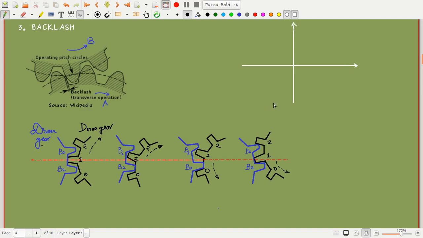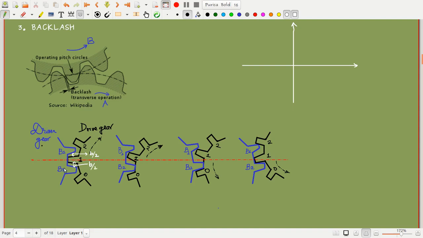Now this tooth of the drive gear, let it be one, it is at the center of B1 and B2. Let the gap here be equal to B by 2, and the gap here also be equal to B by 2.